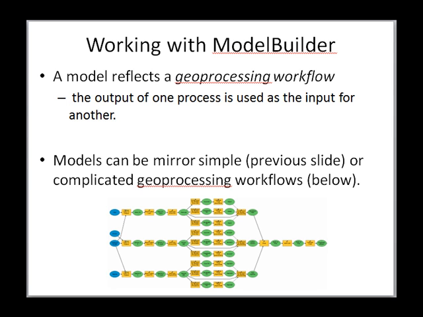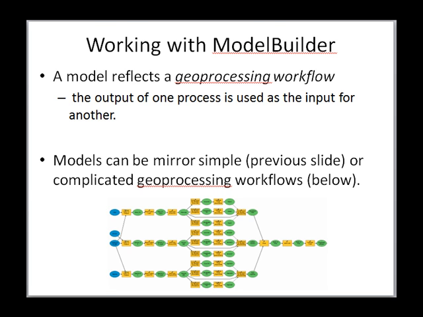There are many examples on the ESRI support site of models that you can download that other people have built. So you could look at some more complex ones, and you're going to build a pretty complex one in a couple modules.